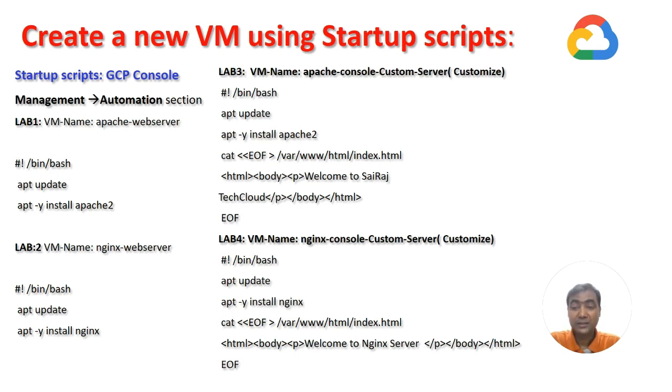I'll guide you in the lab to install all the required software at the time of new VM creation in the GCP console portal. Let's switch to the GCP console portal.